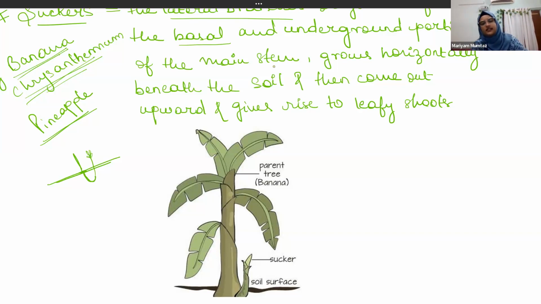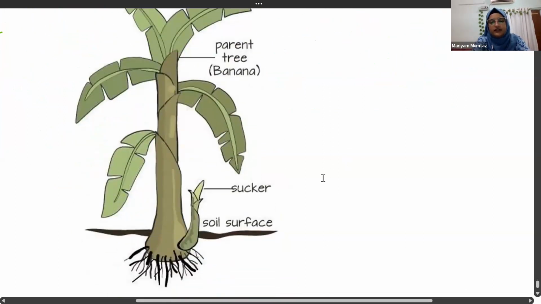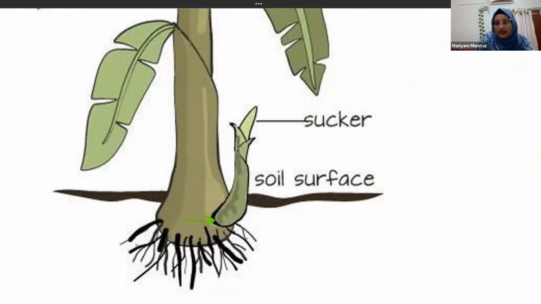Now see, this is an example of a banana plant or banana tree. And as you can see over here, do you see this structure down there? Now see, it is arising. Isn't it arising from the base? This is the base of the plant, right? So it arises from the base of the plant and it is still present under the surface of the soil, isn't it?